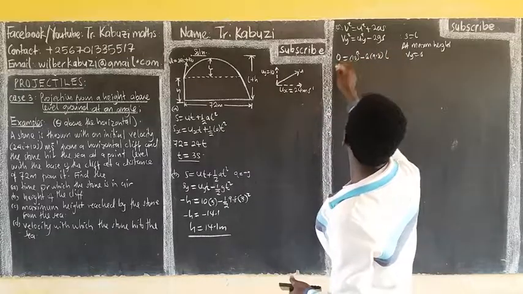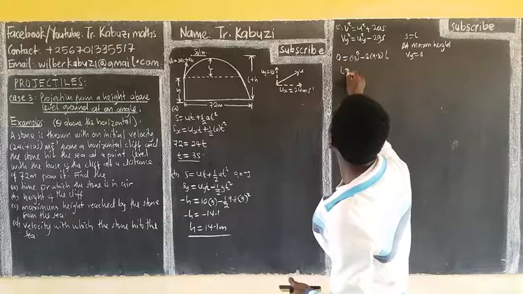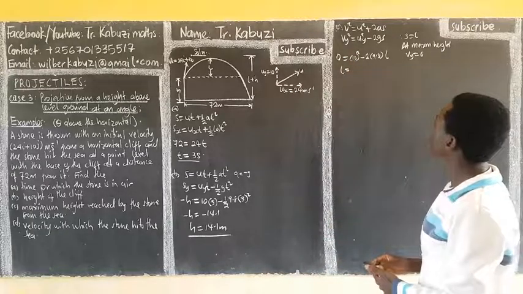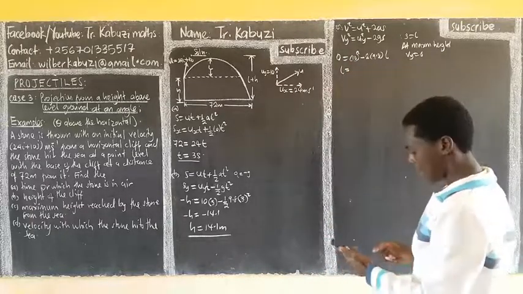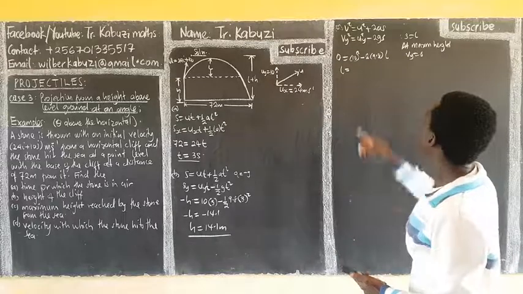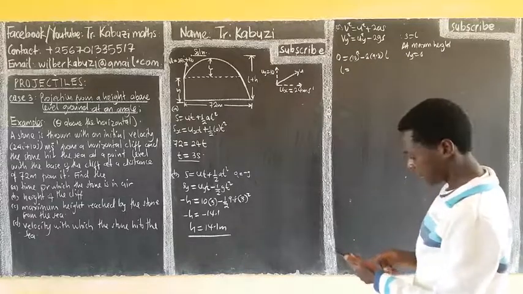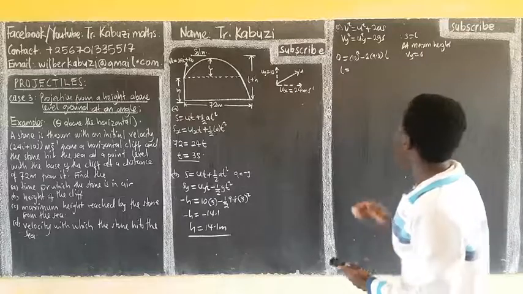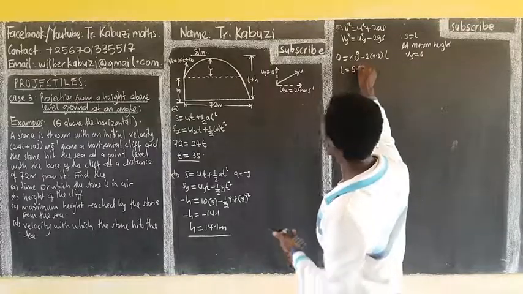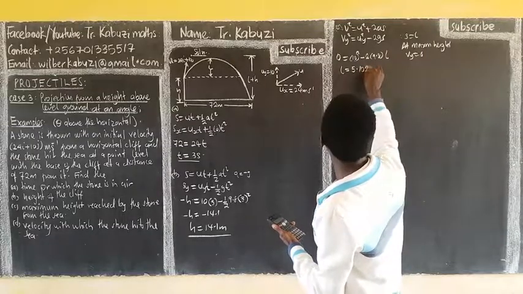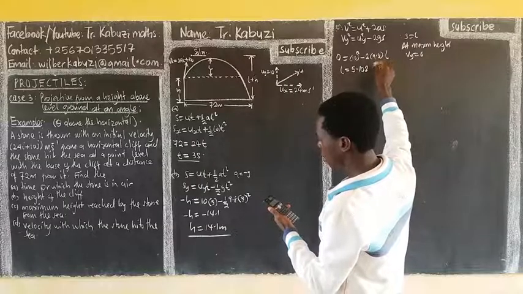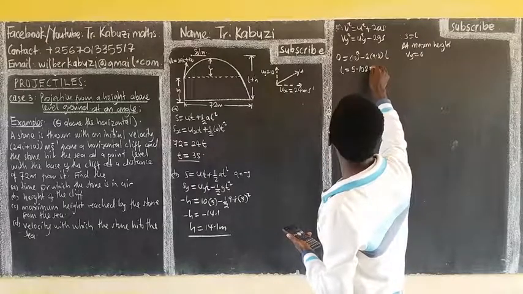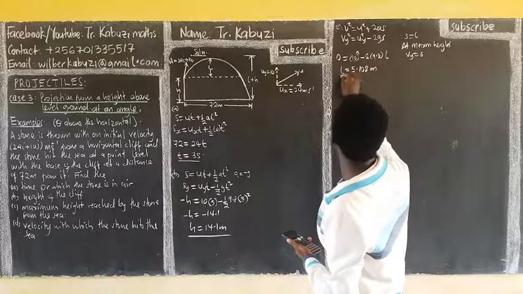L. So my L from there is going to be 100 divided by 19.6. I'm getting 5.102 meters.